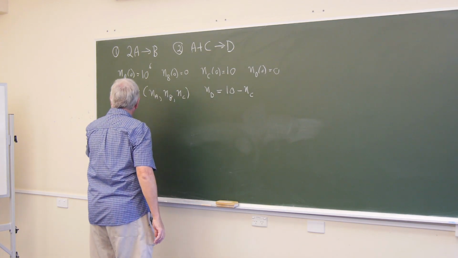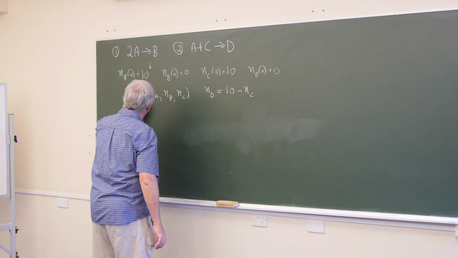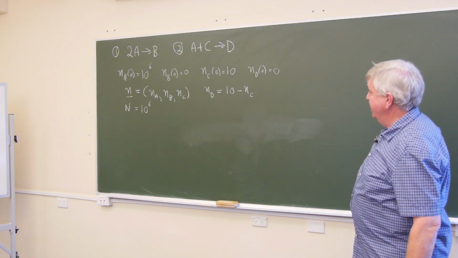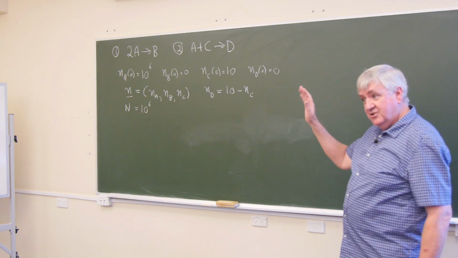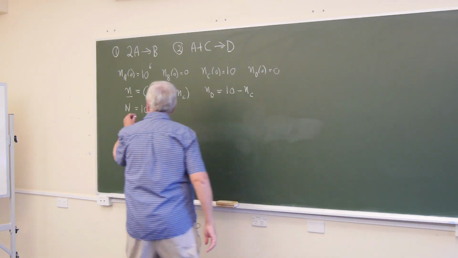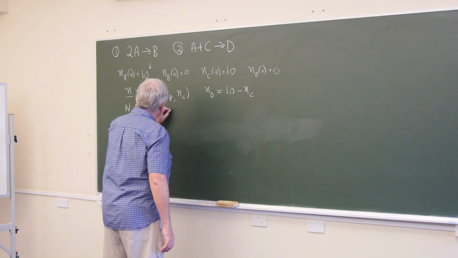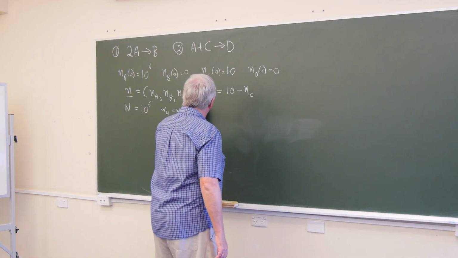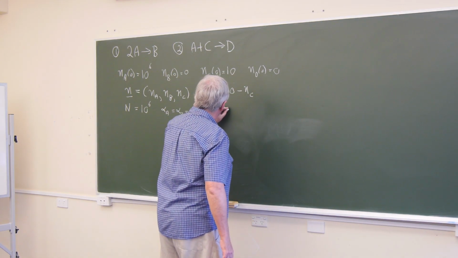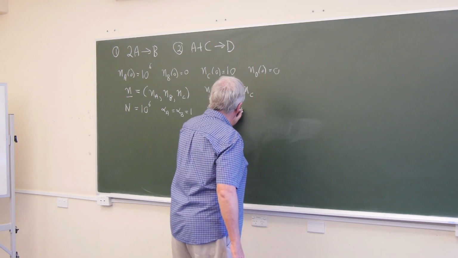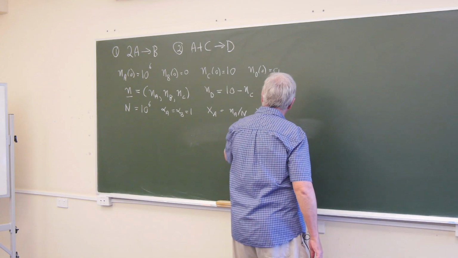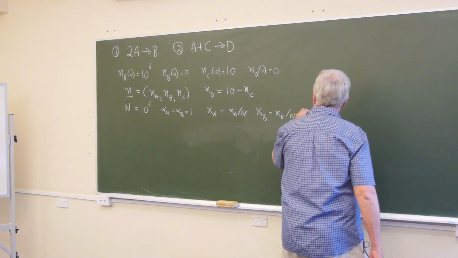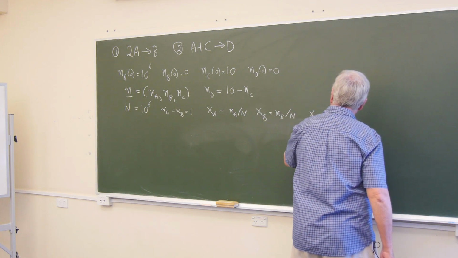So we identify N, guess what, the most abundant species. So N is 10 to the 6th. And we're going to scale A and B, because they're a similar order of magnitude, by using alpha A equals alpha B equals 1. So XA is going to be NA over N. XB is going to be NB over N. And I'm going to set XC just to be NC.